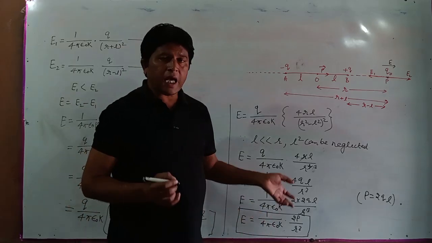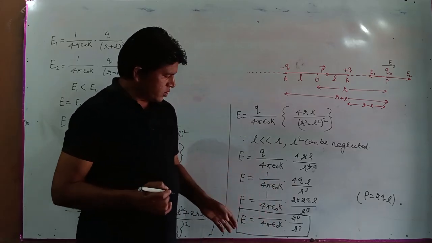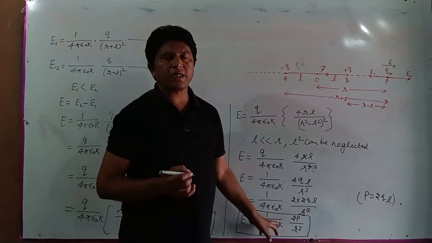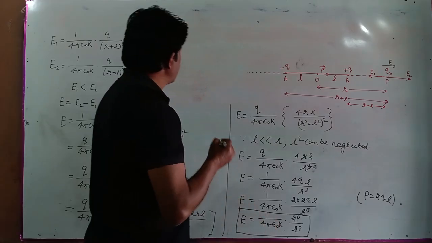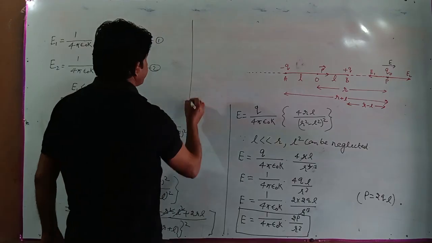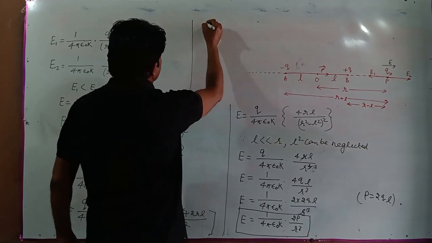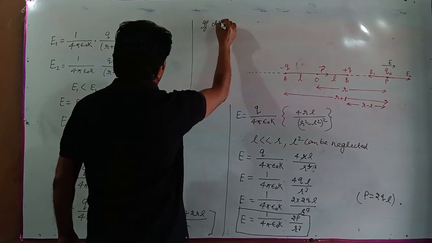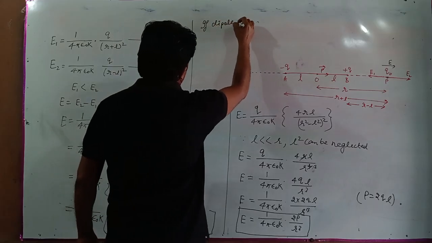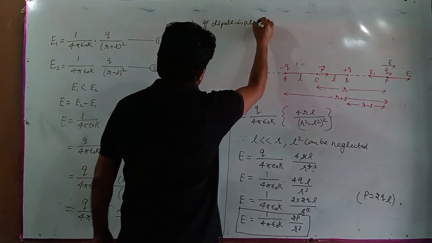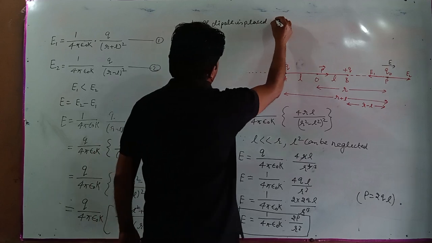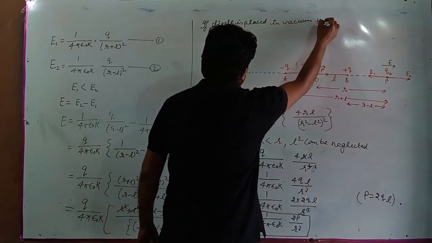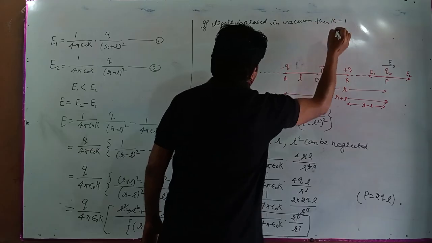So if the dipole is placed in a vacuum, the dielectric constant K is equal to 1. So we write here, if the dipole is placed in vacuum, then K is equal to 1.